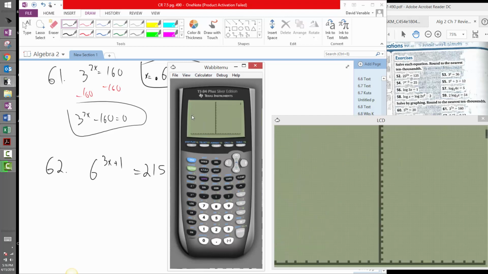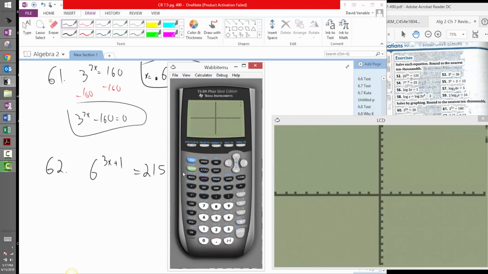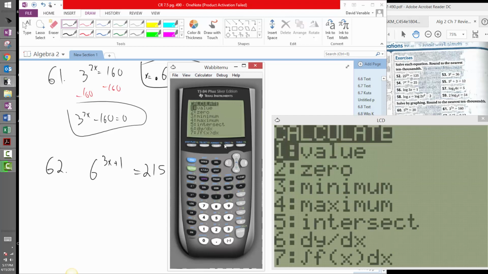But I'm going to go to my graph. And as long as I see my thing hit the x-axis, oh, there it goes. It hits the x-axis. Let me see if it hits the x-axis in the standard window. Zoom, standard. Yeah, it sure does. And again, I could use second calc 0 to find that, but the reason I want to use intersect is because it's so steep.